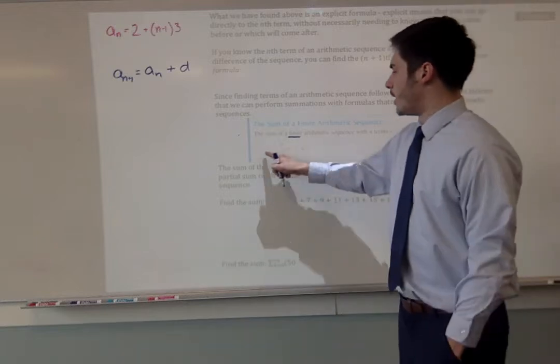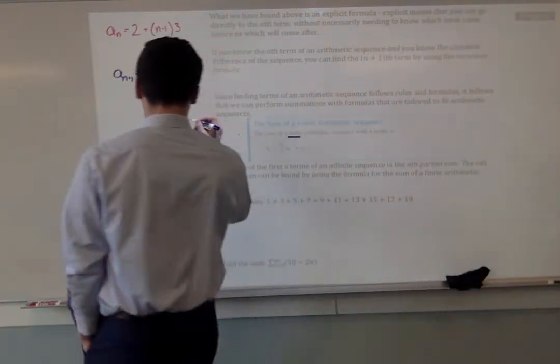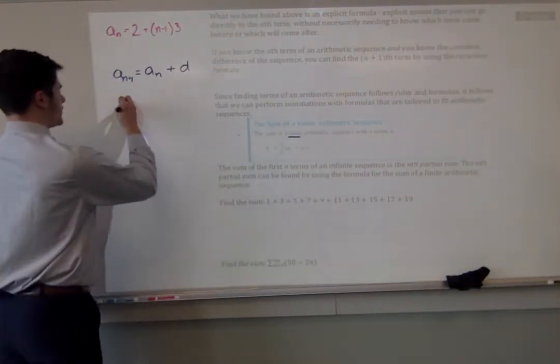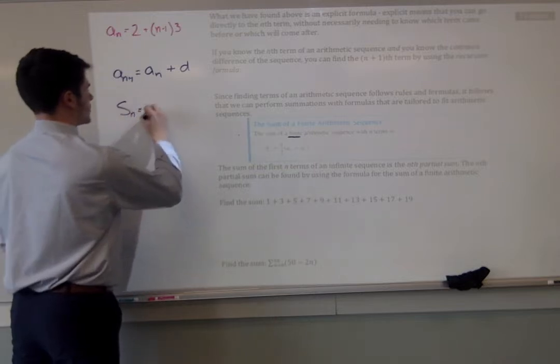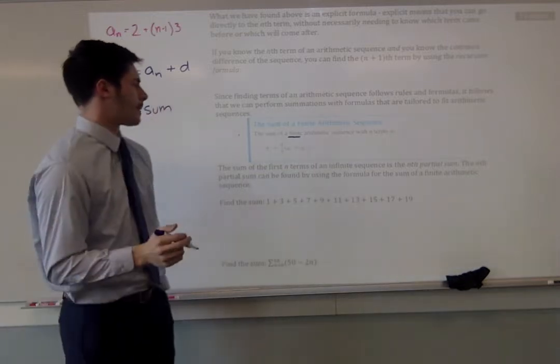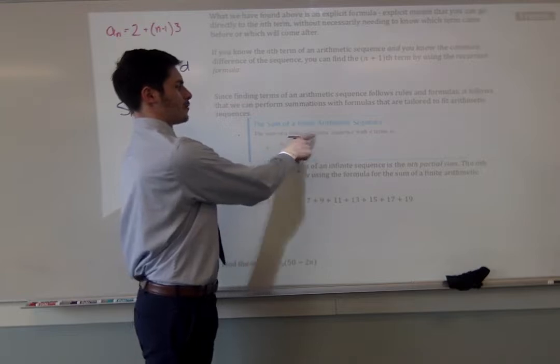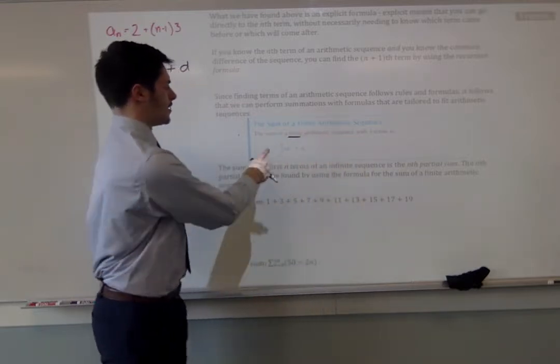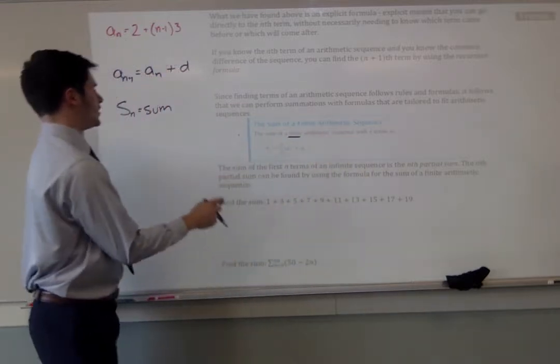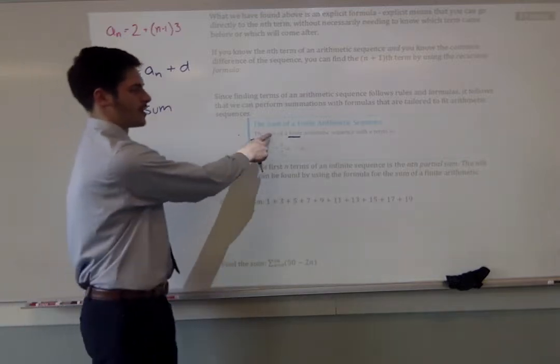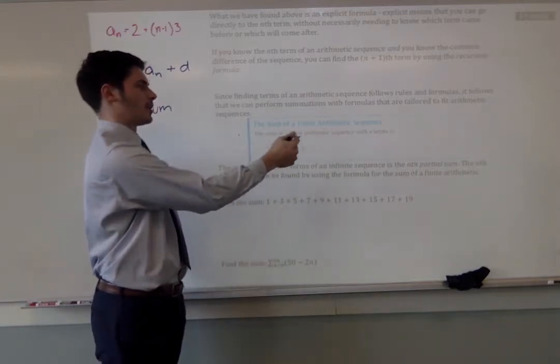And so S sub n, let's pick this apart real quick. S sub n is going to be the sum, right? So the sum of a finite arithmetic sequence with n terms is S sub n equals. So that means that S sub n is going to be the sum of our finite arithmetic sequence.